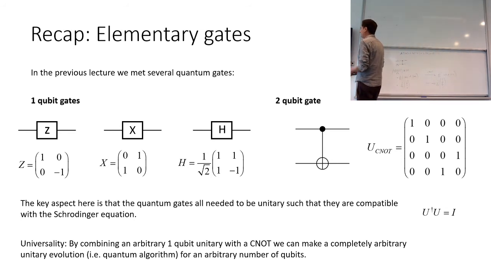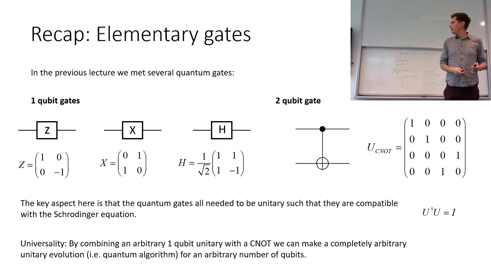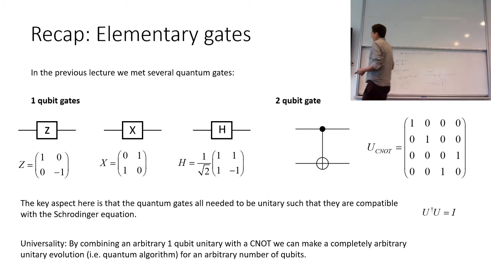The key result here was that by combining these two types of gates, 1 and 2 qubit gates, we can actually make any arbitrary quantum circuit. Actually, what you need is any 2 qubit gate. So usually, what people do is just use this CNOT gate, right?